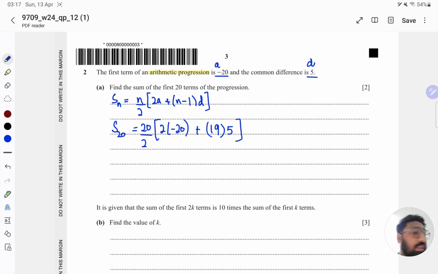So if I put it in the calculator, S20 will be 10 times, minus 40 plus 19 times 5, which is 55, times 10, which is 550. So the sum of the first 20 terms for this sequence is 550.